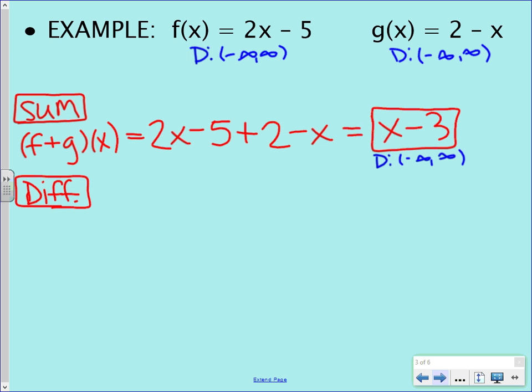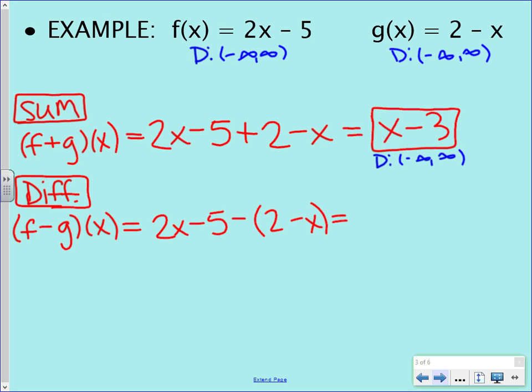The difference of our two functions, (f - g)(x). Here's where you do need to be careful. You need to take your first function and make sure you are subtracting the second function in its entirety. Anytime you subtract, make sure that second function gets put in parentheses so the negative gets applied through.